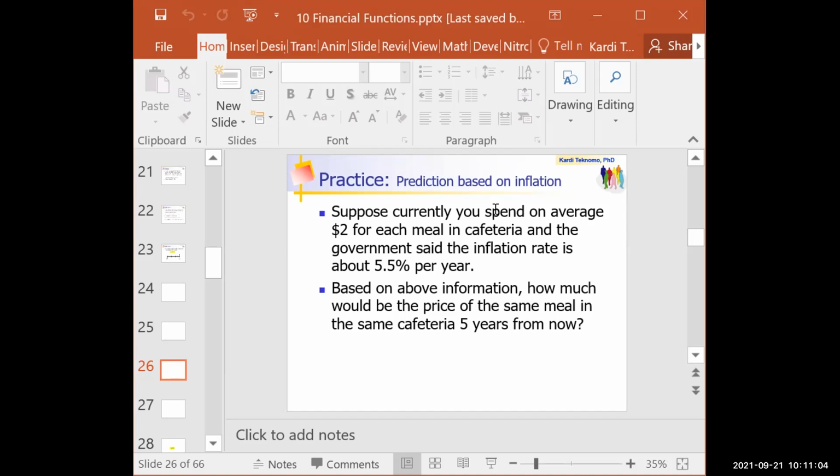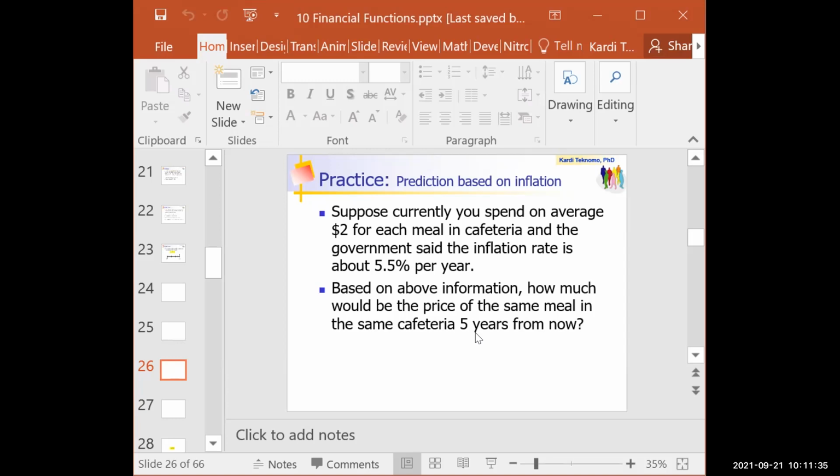If your spending for each meal is $2, and the inflation rate is 5.5%. The present value is how much then?